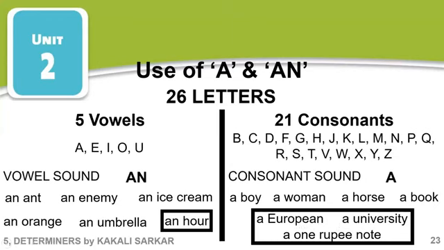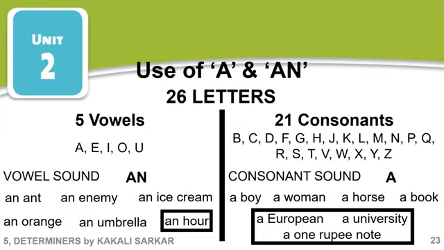Though the words begin with a vowel, the sound is a consonant. So we have put a: a European, a university, a 1 rupee note. Okay, children, so these are some of the exception cases.